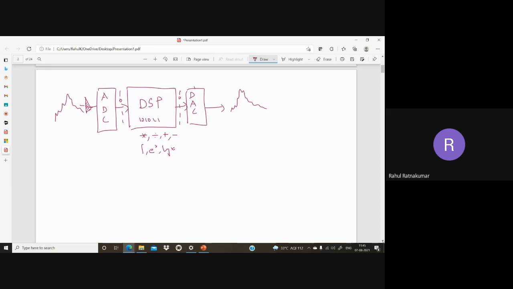I think everyone is familiar with the DAC. Whatever digital waveform or pulses you give, it converts to the corresponding analog waveform. This is with respect to time, this is also time, this is voltage, this is also voltage. So this is the analog to digital converter.